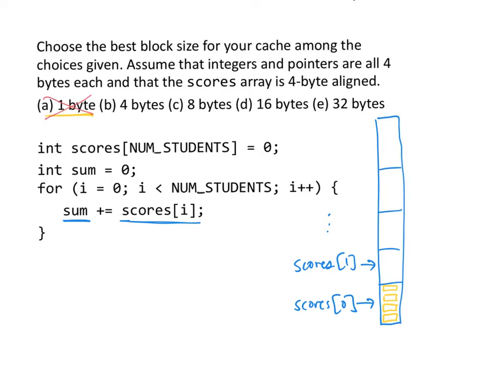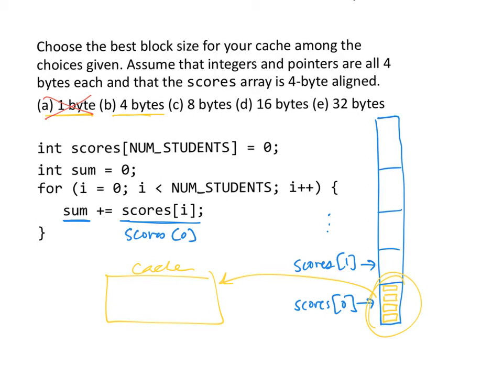If we did a 4-byte block size, that's answer B here, then when we request, in the first case, scores sub 0, this would be a cache miss, and we would take this data here, and we would bring this into our cache. But we would exclusively bring scores sub 0 into the cache because the block size is only 4 bytes.